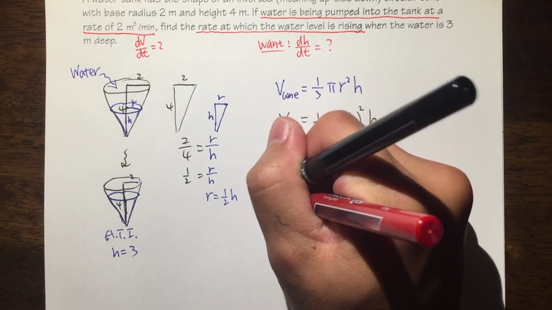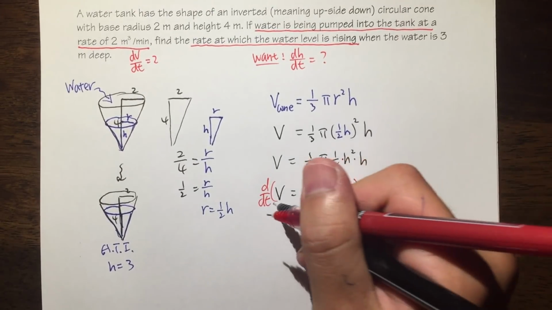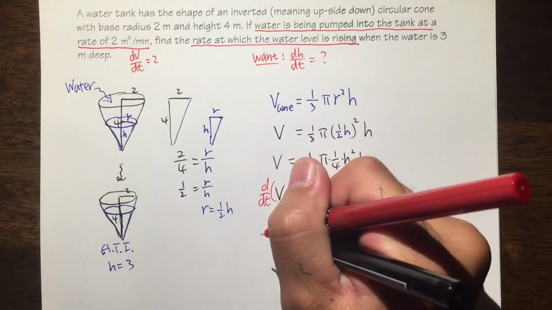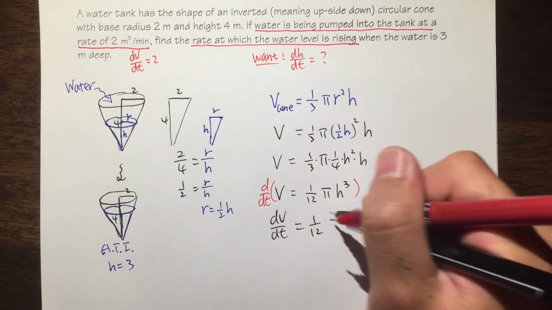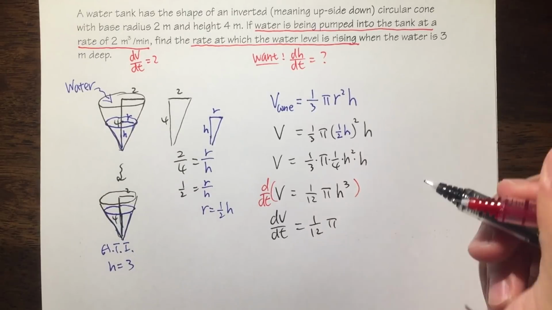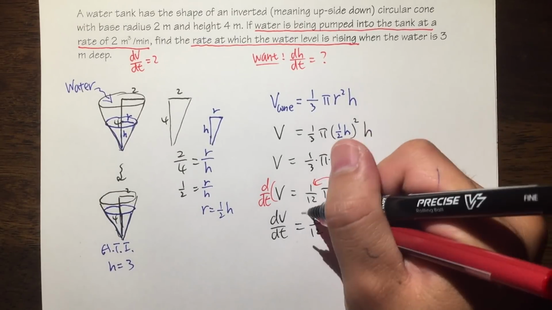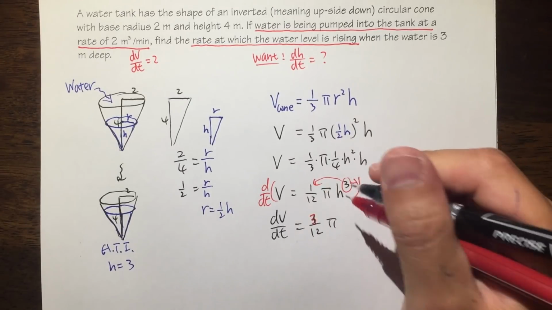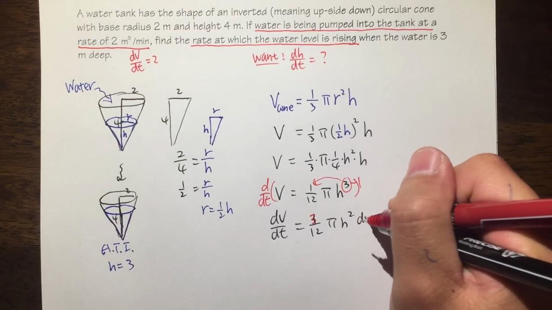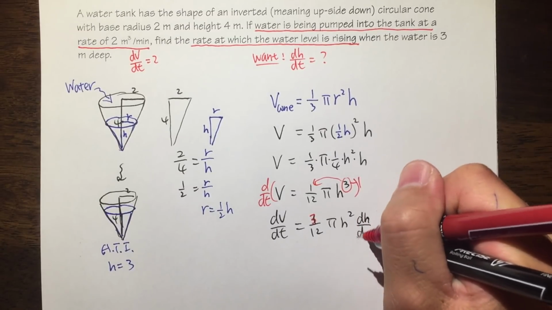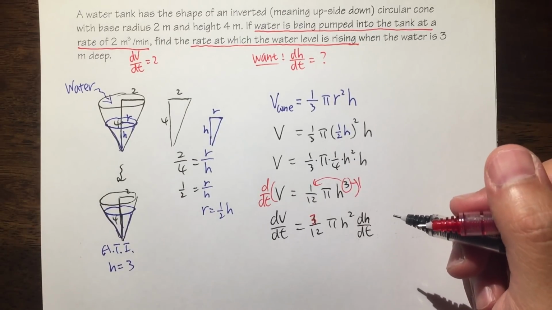We can differentiate this with respect to time, and the left hand side gives us dV/dt, and the right hand side is 1/12 pi. I should bring the power to the front, doing the power rule. So this is technically 3/12, and then we have H squared, and then dH/dt, because H is also a function of time.